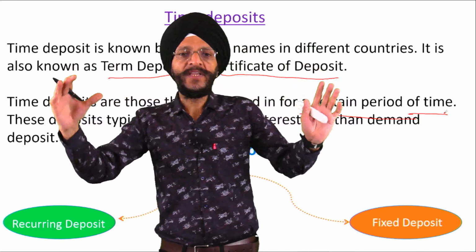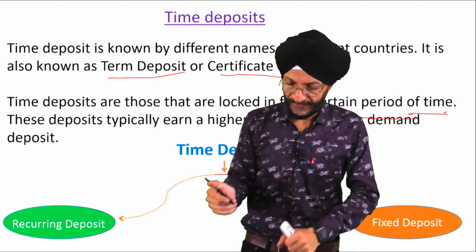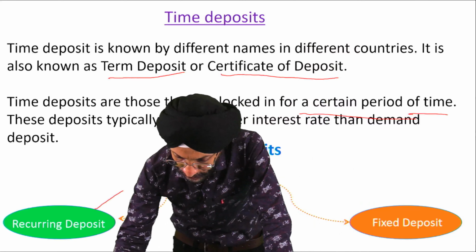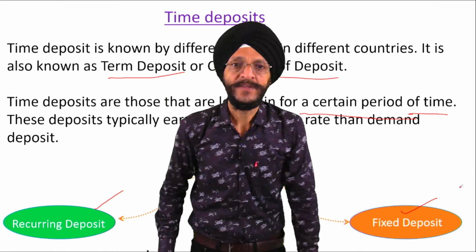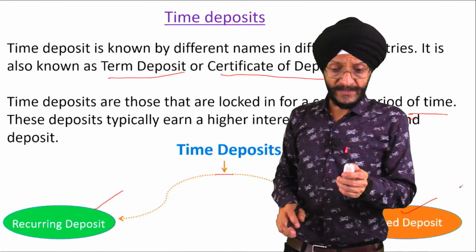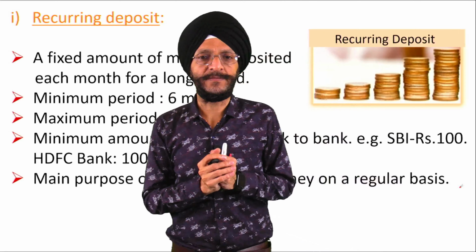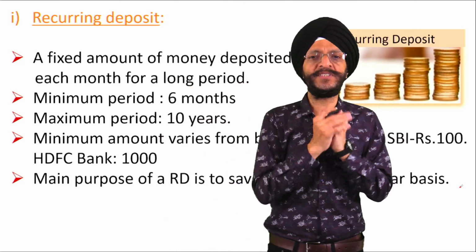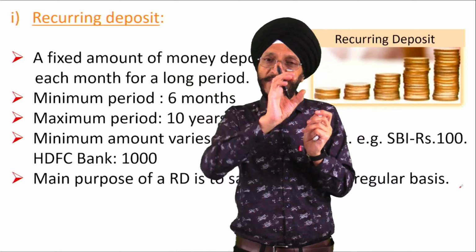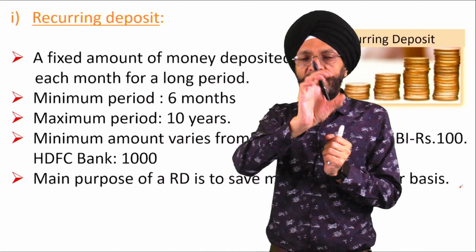We can broadly classify our time deposits into two types. First is recurring deposit and the other is fixed deposit. First, we will understand recurring deposit. As the name suggests, recurring means reoccurring.